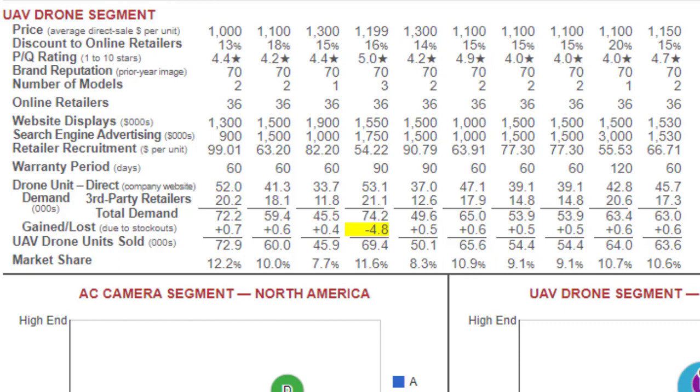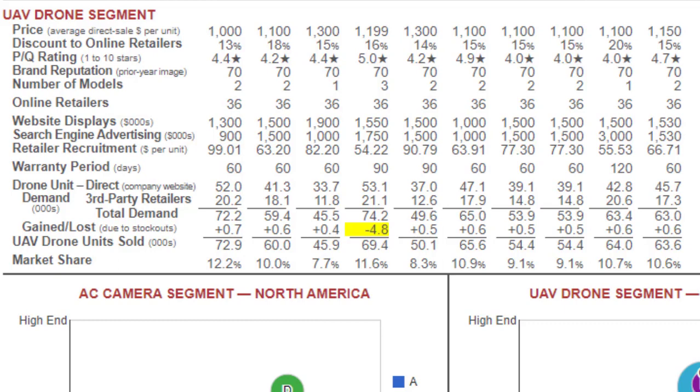Now, they don't have all the exact same features when it comes to number of models and everything, but they're somewhat close. So let's see market share. Team A has 12.2, and Team C has 7.7, which makes sense to me, being the fact that they're charging $300 more than Team A. So again, this is kind of information you want to start digging through.